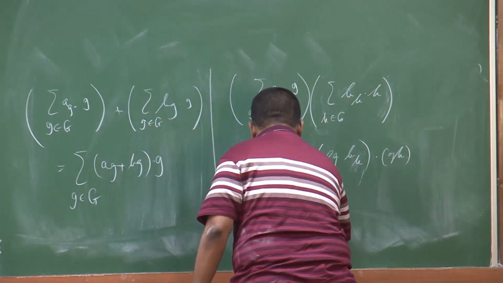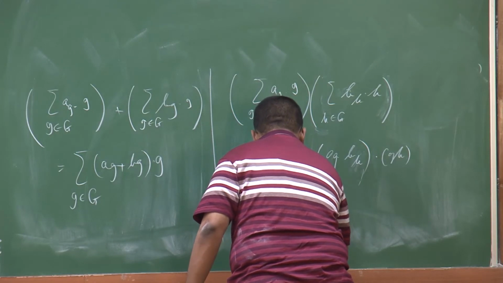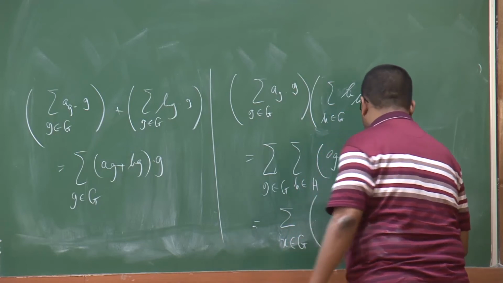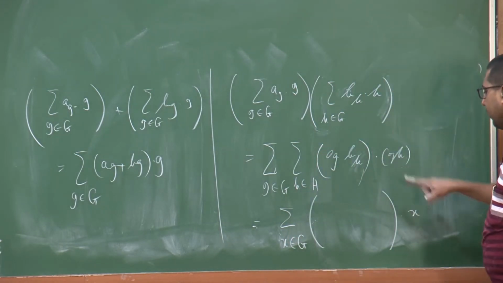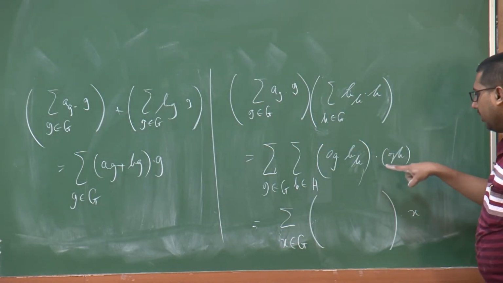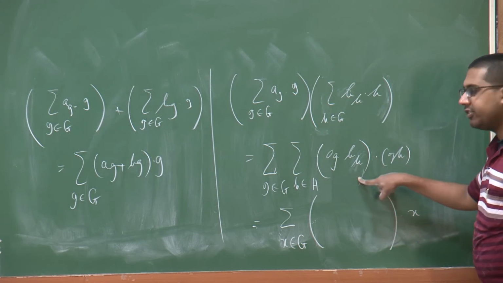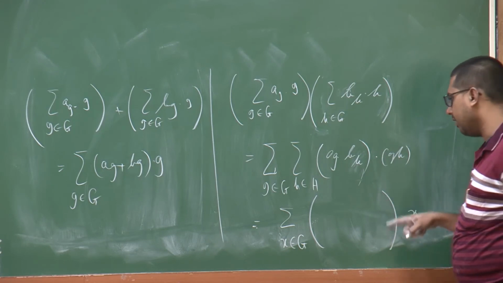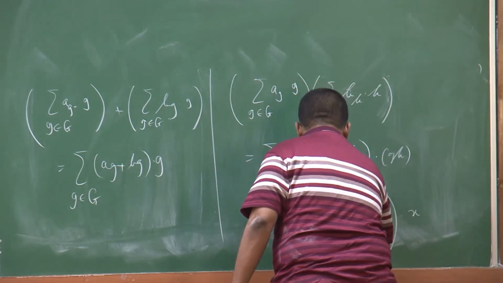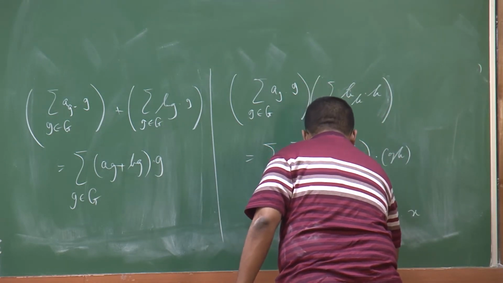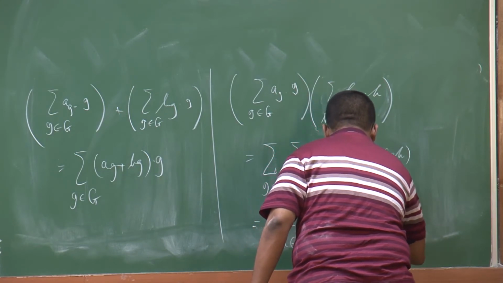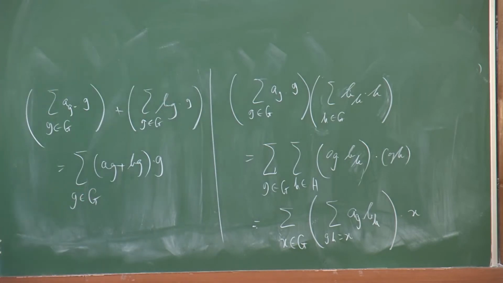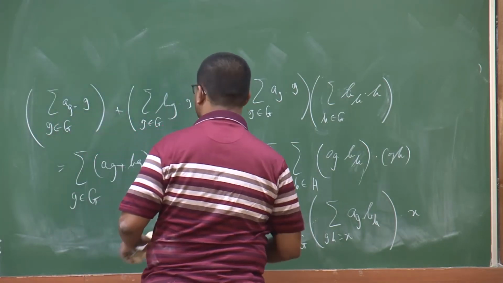So the coefficient of x is the sum of all such products a_G times b_H such that G times H is x.